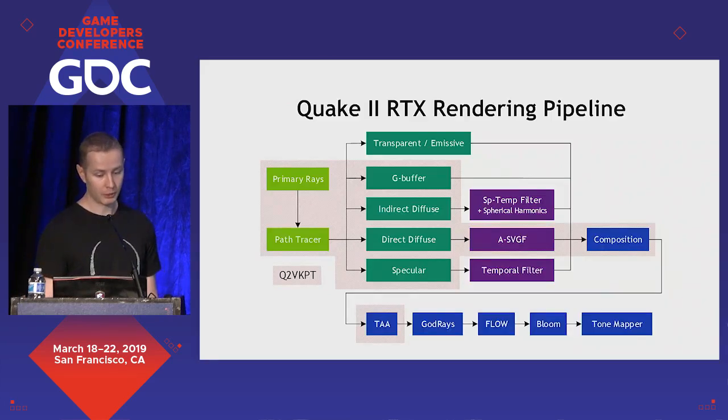Overall, the pipeline looks like this. We start with the primary rays, which are separated into their own render path. The reason for doing that, well, we have just basically a couple of reasons. One is performance. We can extract a little bit of performance that way because the primary rays are coherent. They are very efficient to trace.